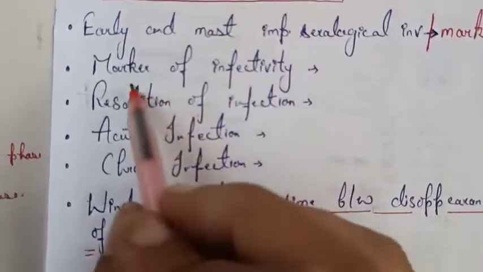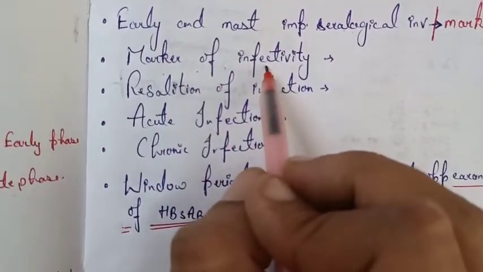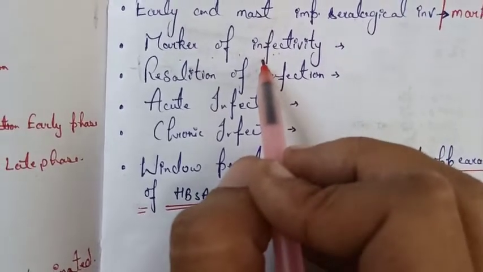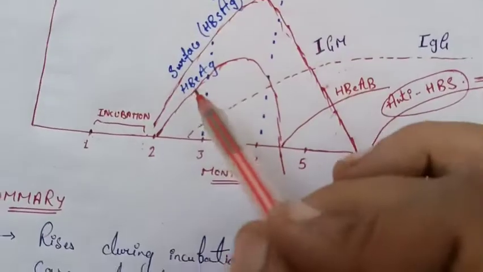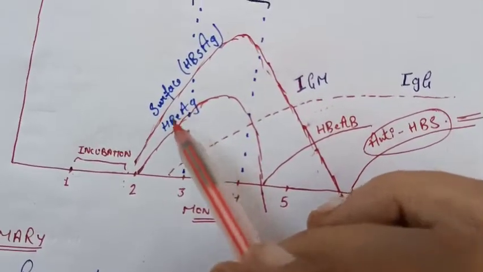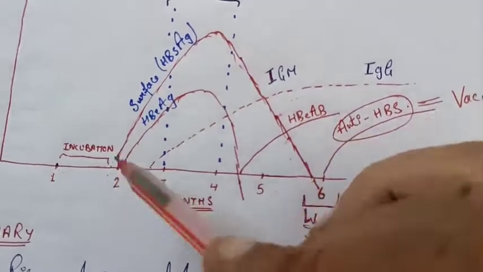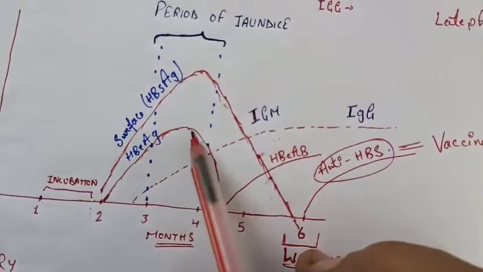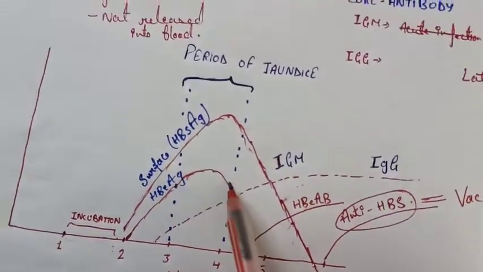Now we will talk about the marker of infectivity. I already told you which antigen is the marker of infectivity. Try to remember. I told you about the HBe antigen. It appears during the incubation period, and it is at its peak during the time of infection.